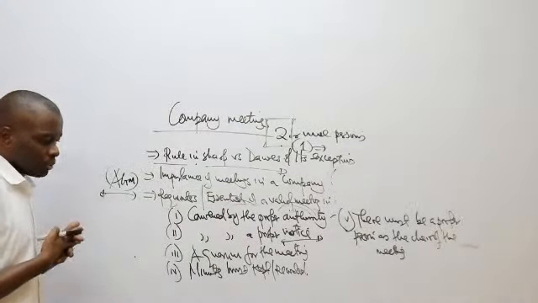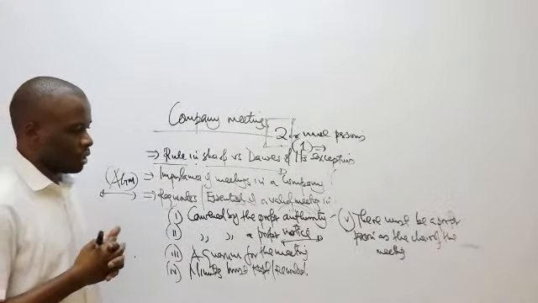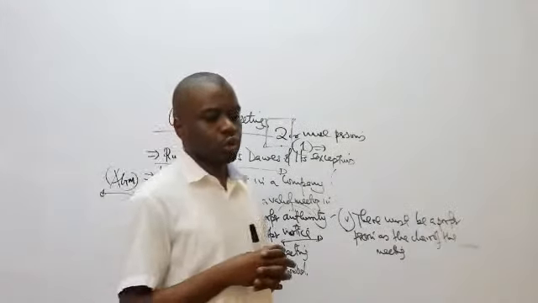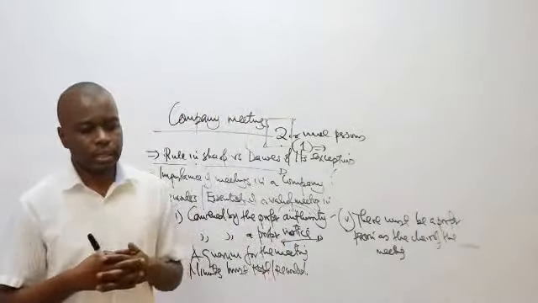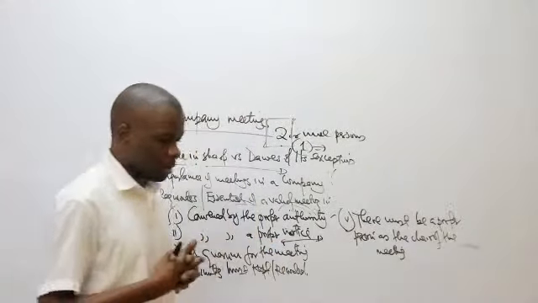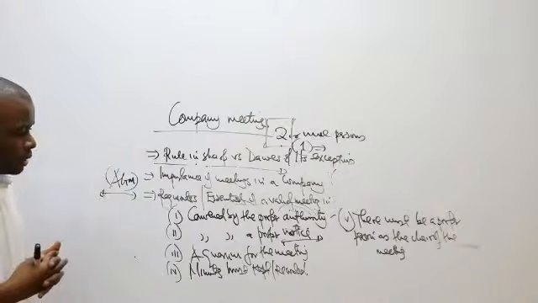Then quorum should be there. So before the meeting is held, there must be a quorum. If a special resolution is going to be passed, then quorum must be there. At least 75% of the members of the company must be in attendance.